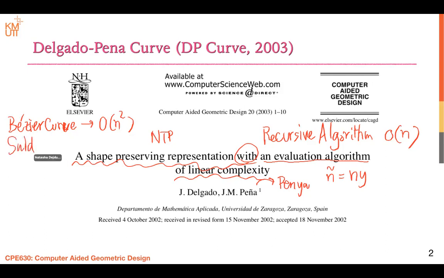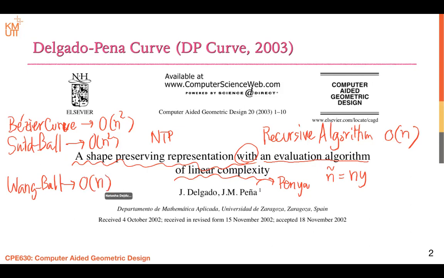For Said-Ball, because Said-Ball employs the Bezier curve computation as well, big O will be n square as well. And for Wang-Ball, this one is very interesting and makes Wang-Ball curve popular, because Wang-Ball can generate the curve by using big O of n, or linear time computation. So this is quite impressive.